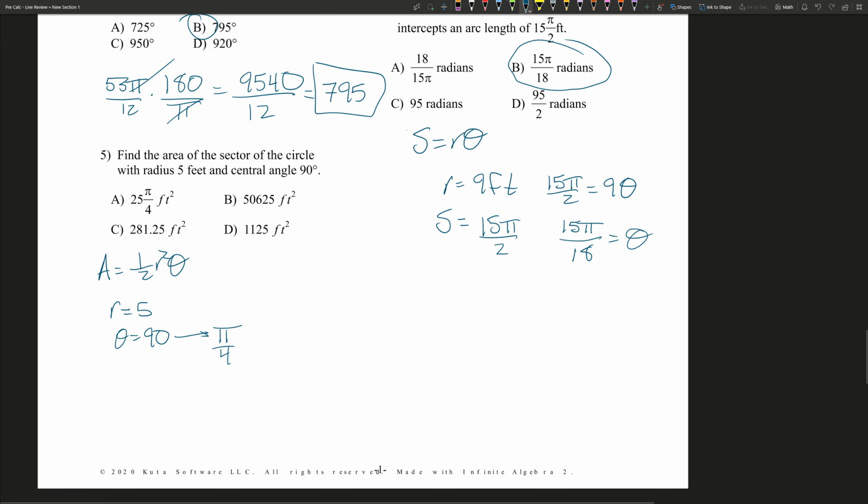Sorry, pi over 2. So area will equal 1/2 times 5 squared times pi over 2, which is equal to 25 pi over 4, which is option A.